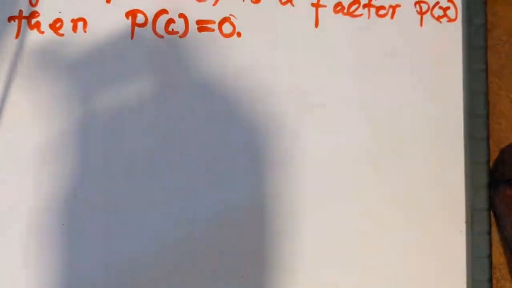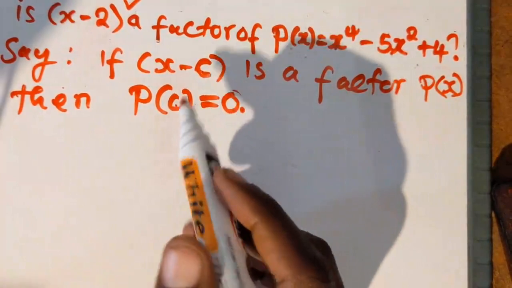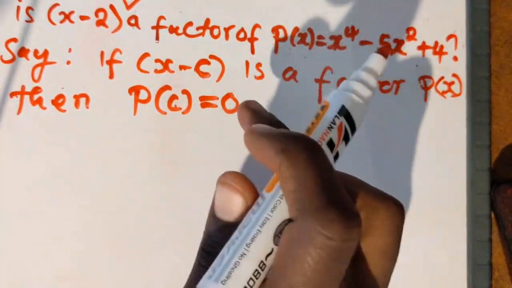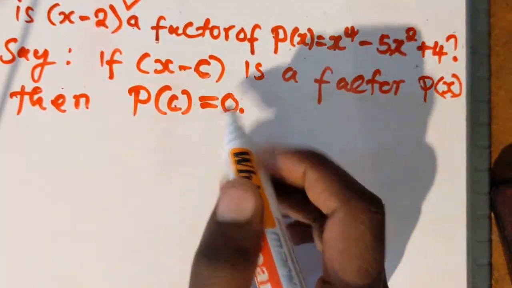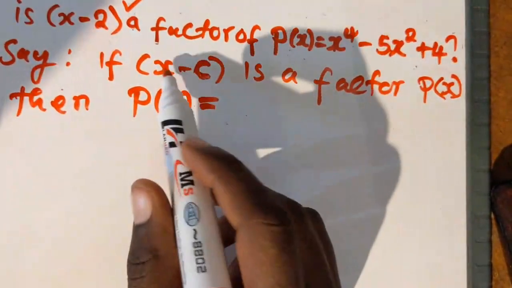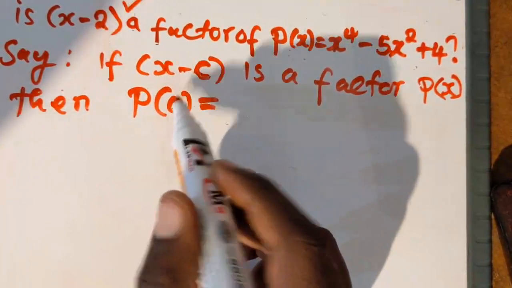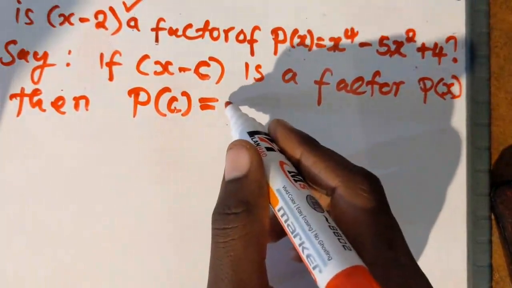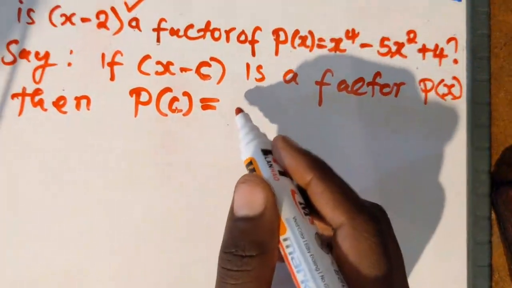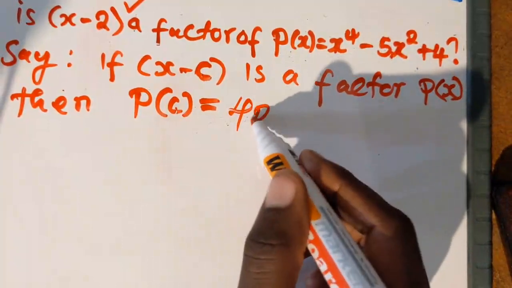The remainder theorem says that, it's just one and the same, but what you need to know is that when you put c in the polynomial and it gives you a remainder, any number from negative to positive, let's say we have found that it is 4, then the remainder is 4.